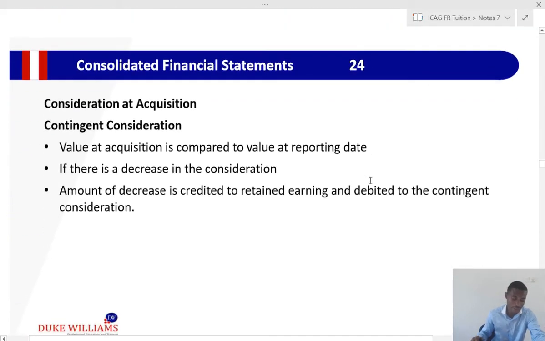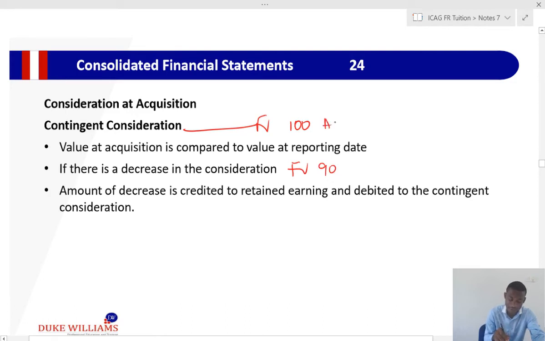Then, like I've said, the contingent consideration has to be determined at acquisition and remeasured at reporting date. So if at acquisition the contingent consideration has been determined at fair value, and that fair value is say 100, and there's a decrease where the fair value is 90 at the reporting date.